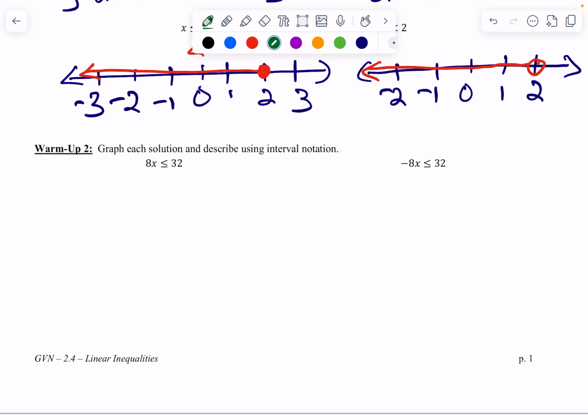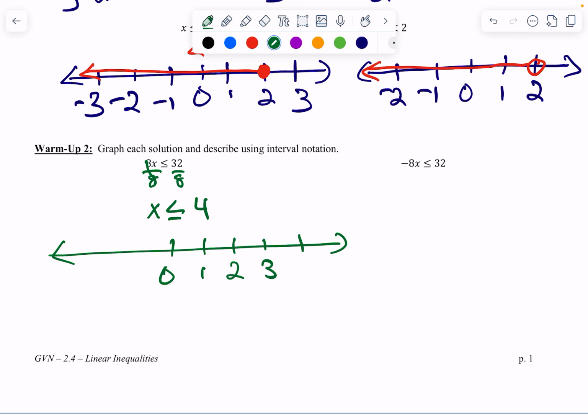So we're going to do the opposite operation of multiplication, which is division. So we're going to divide both sides by 8. Those cancel out, and we end up with x is less than or equal to 4.